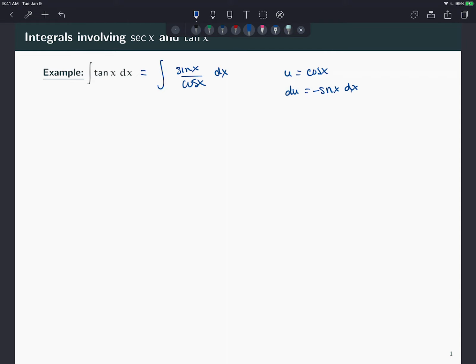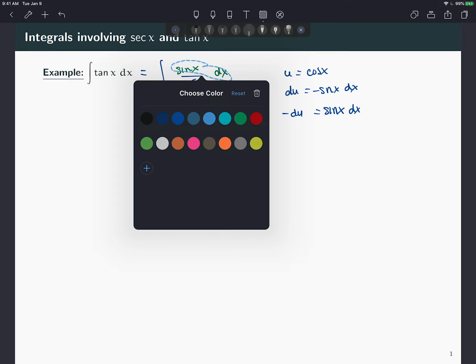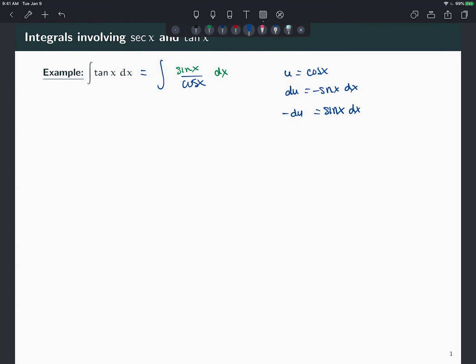So if I solve for the sine x dx part, I get negative du.